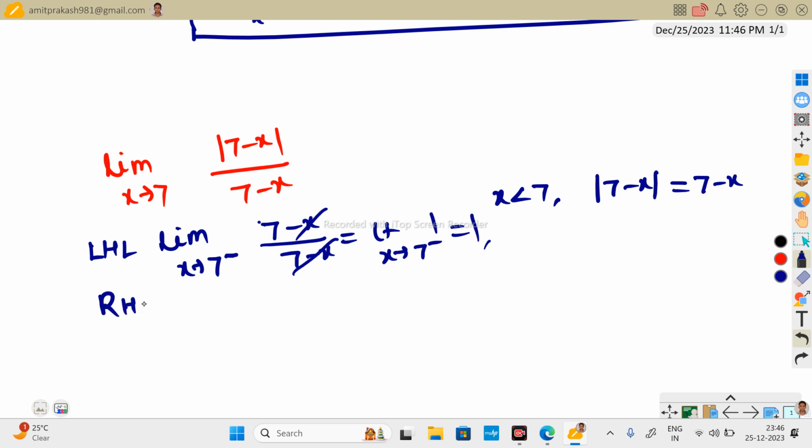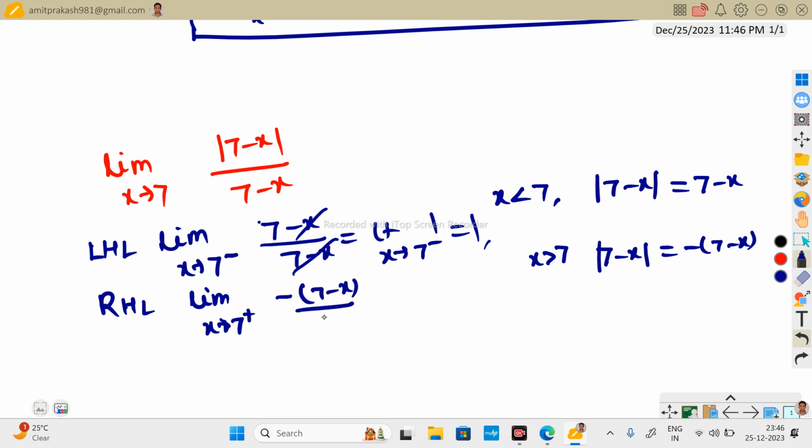The right hand limit at x equals to 7, limit x tends to 7 plus, means the value of x approaches 7 from the right side. For x greater than 7, 7 minus x becomes negative, so mod of 7 minus x becomes minus of 7 minus x, upon 7 minus x, this gets cancelled, and the limit equals minus 1.